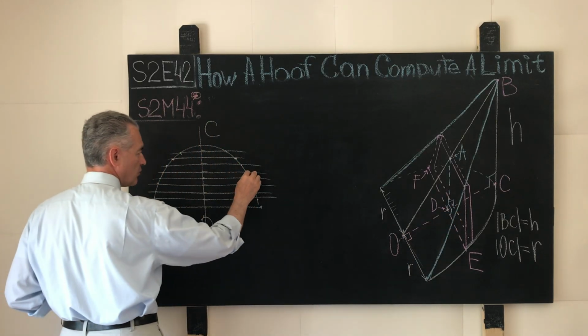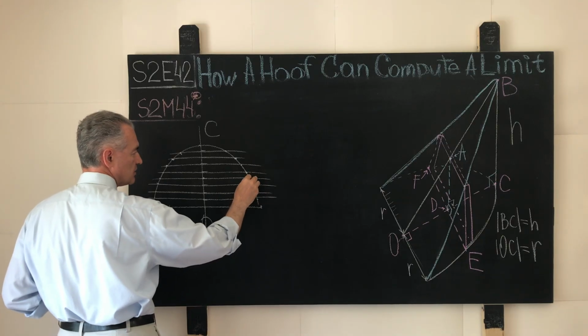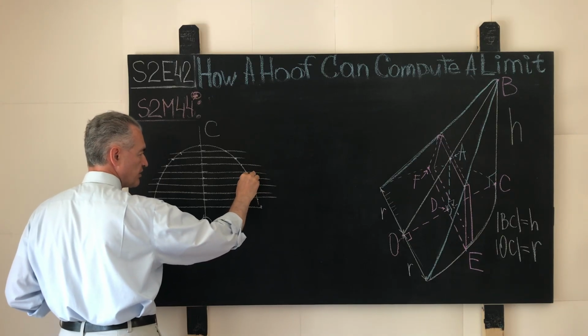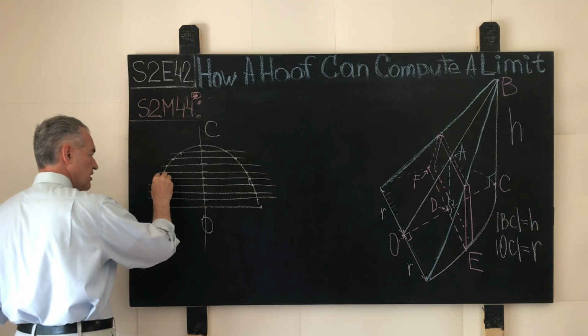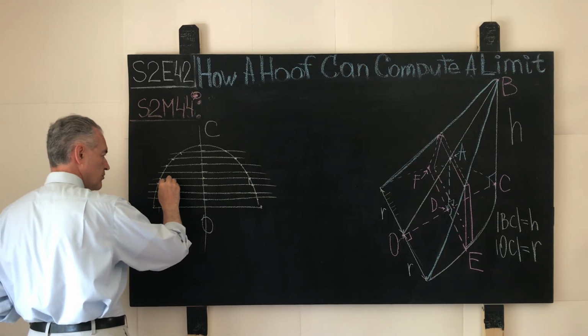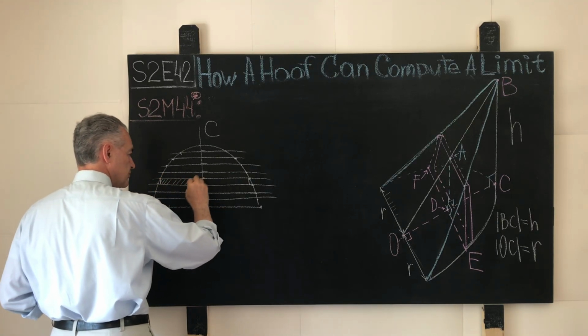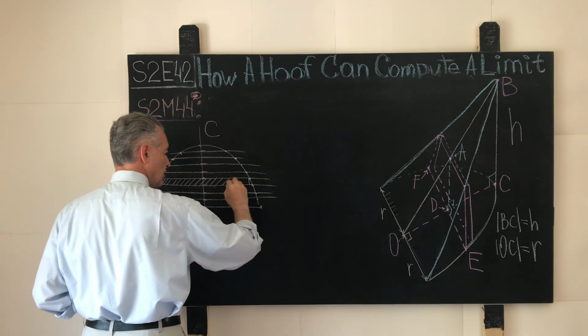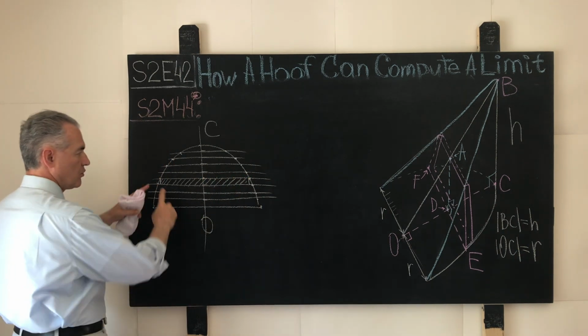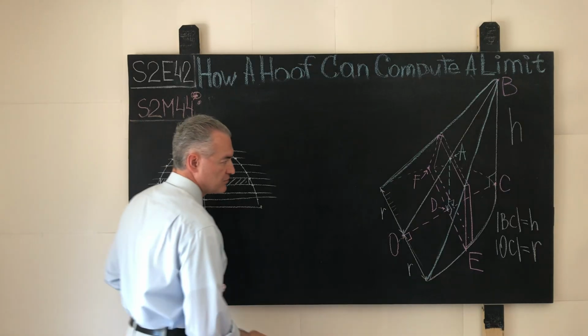Again, we form our smaller and simpler primitive part that is a rectangle by constructing another set of straight lines, and then we form this little strip over here. This will be the base of our rectangular prism.